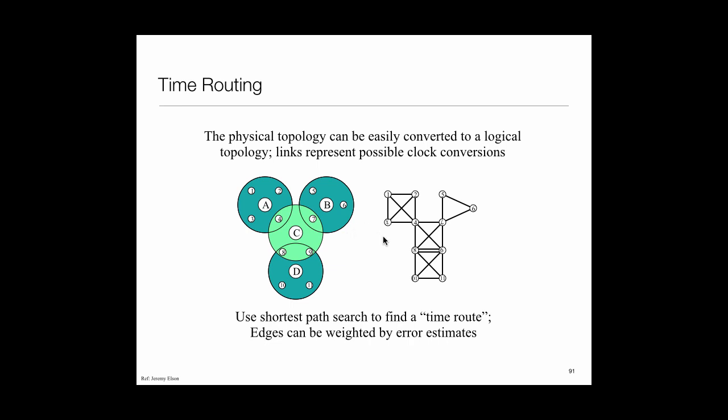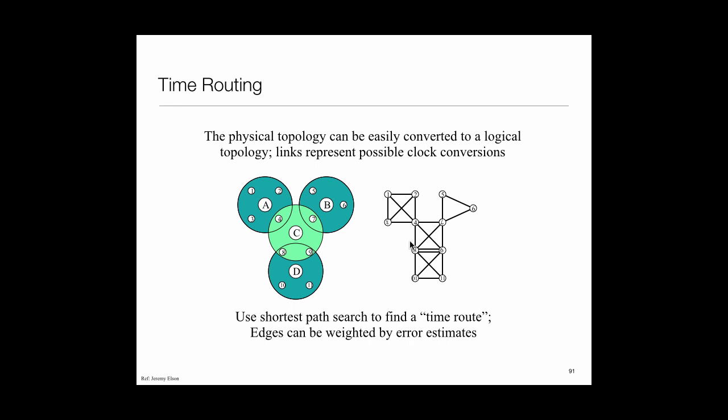For example, through RBS, let's say A does a radio broadcast, then all the nodes in its vicinity learn their mutual offsets. Likewise, when C transmits, everything in its radio range learns their clock offsets, and so on and so forth. So what you end up with is a graph of all the nodes in the network, where edges represent which nodes know the clock offsets or clock drifts between them.